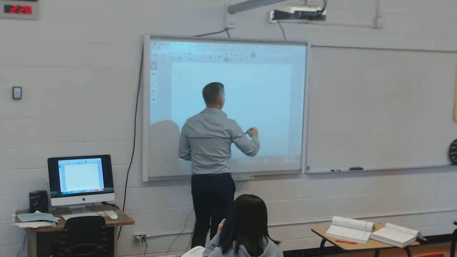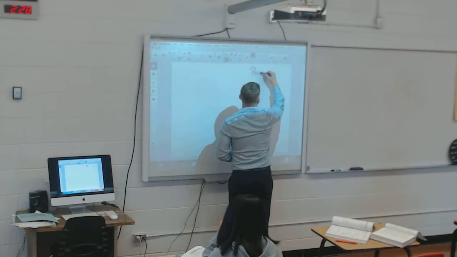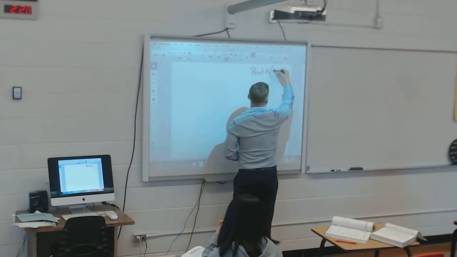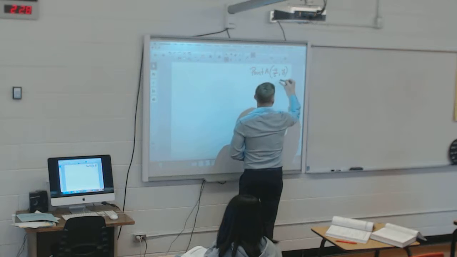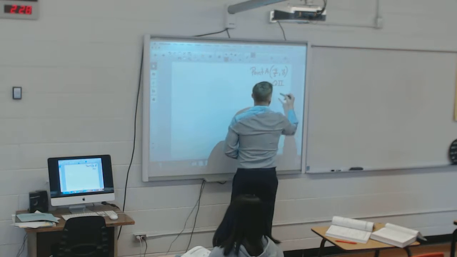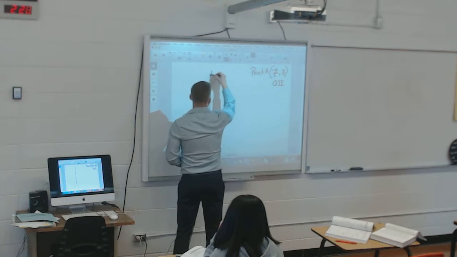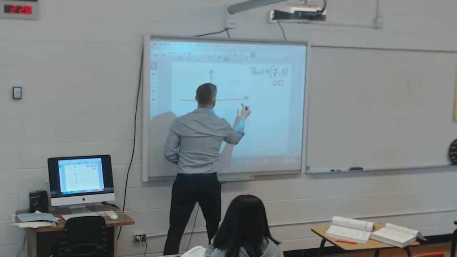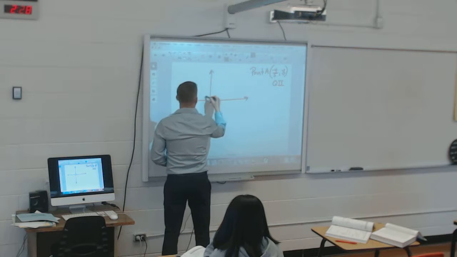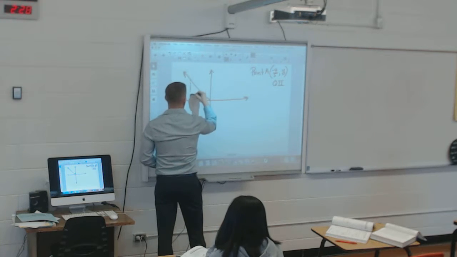The question says that I have point A on the unit circle, which is minus 4 over 5 and y, and it's in quadrant 2. So here's what I'd like you to do. First off, make yourself a triangle in quadrant 2.